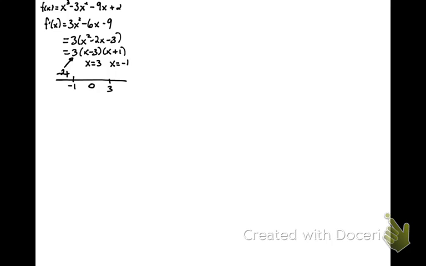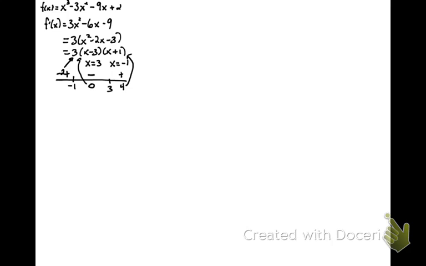When I plug 0 into the derivative, I get 3 times negative 3 times positive 1, which is a negative number. So every value between negative 1 and 3 will be negative. When I test 4, using the same process, I end up with 3 times 1 times 5, which is positive. I know multiple things about the original function now based on my sign analysis.